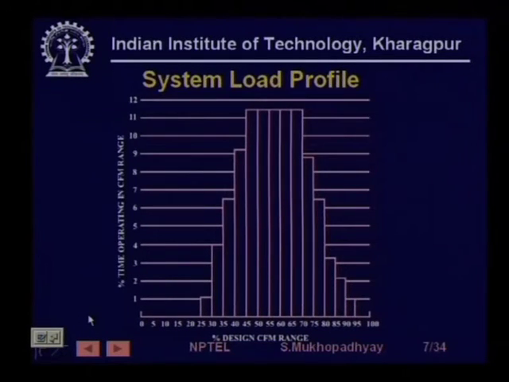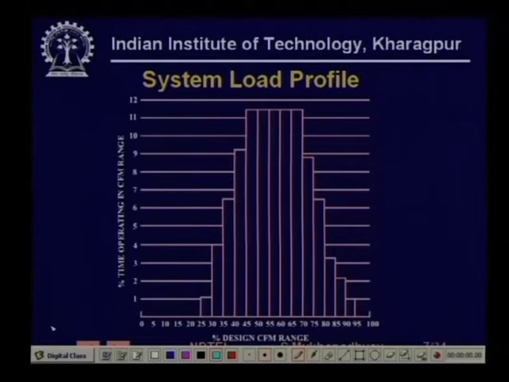So, typically it happens, this is a typical case. We are calling it a system load profile, which means that the system to which we have connected the load. What do you mean by the load? By the load we mean flow rate.